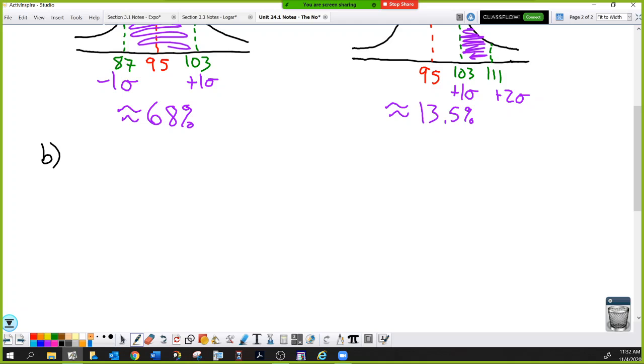Part B, same bell curve, because you'd be shocked how often drawing the bell curve gets you a method mark. I do it every time because you never know when it's going to give you a point. Drawing the bell curve shows the student realized it was a normal distribution. Bingo, they just got a method point.